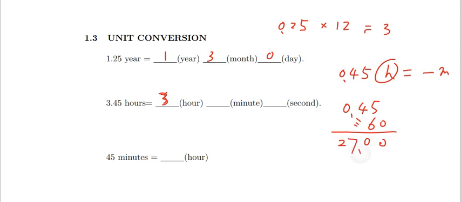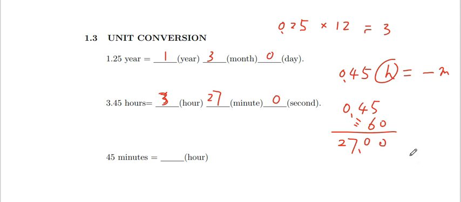Okay, so we say 0.445 hour is about 27 minutes, 27 minutes and 0 seconds.